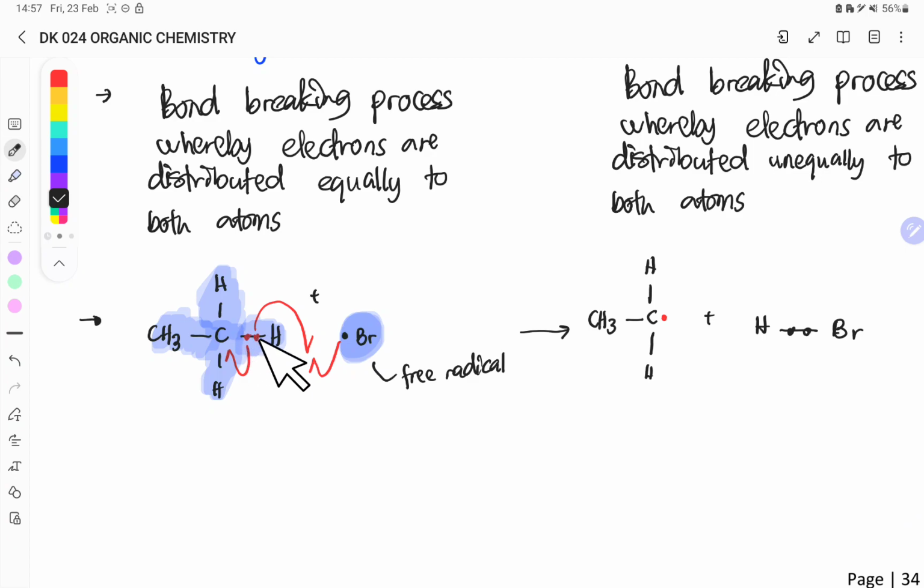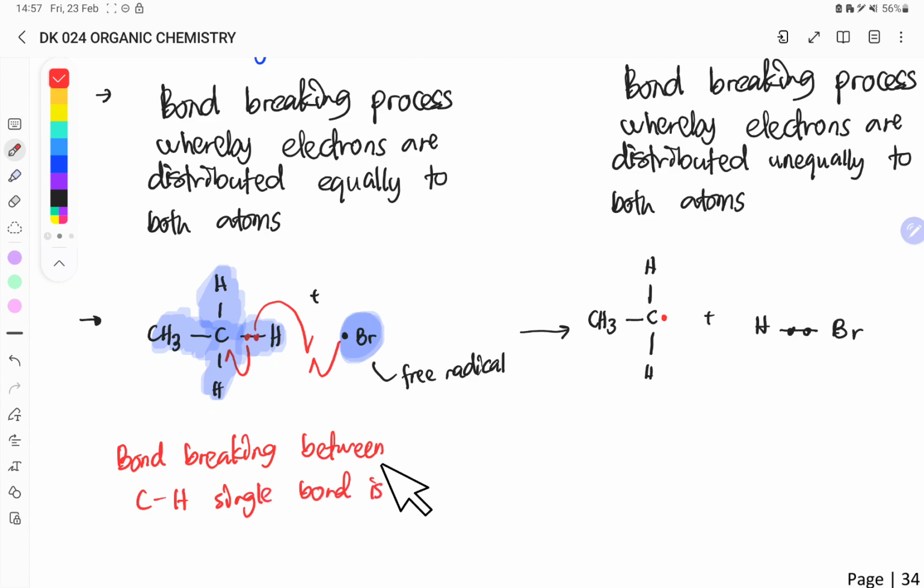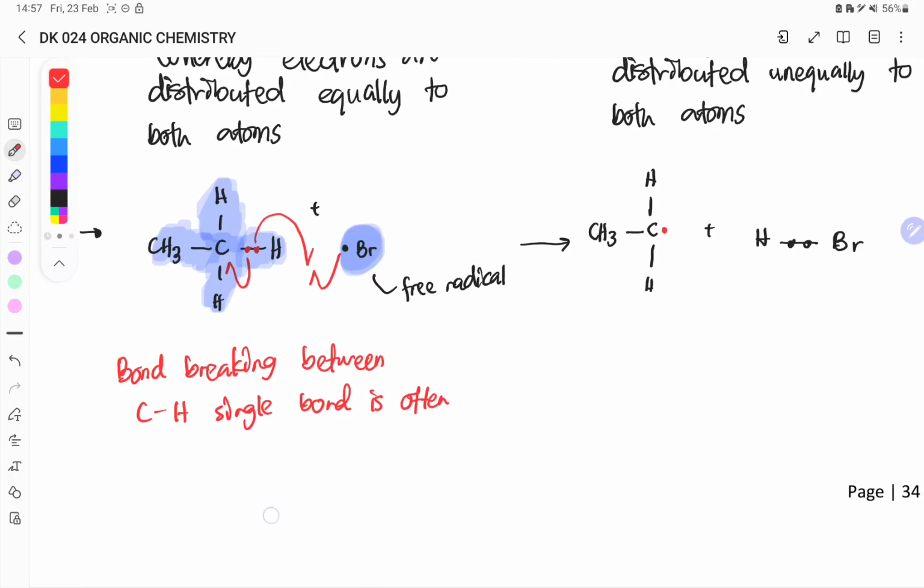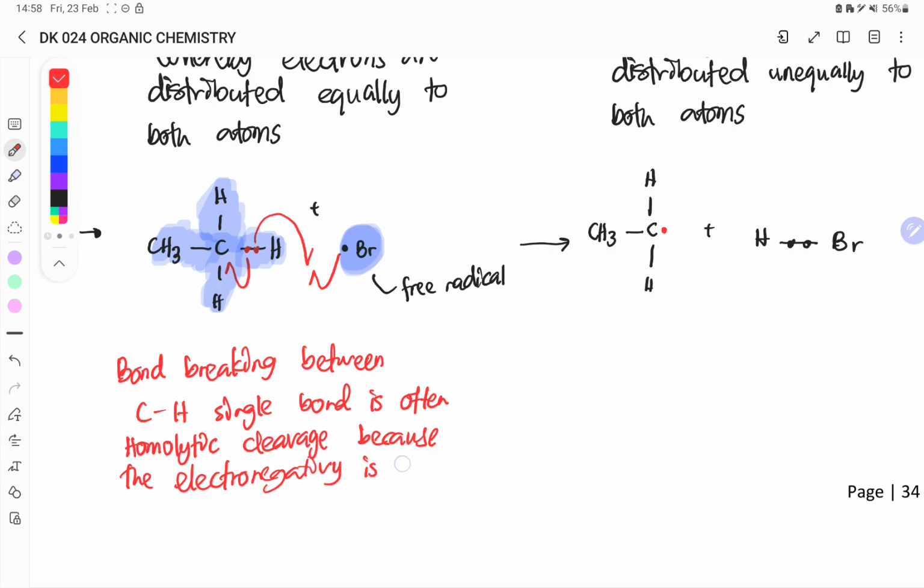The reason dekat sini kenapa kita putuskan CH bond ni melalui homolytic cleavage, because bond breaking between CH single bond is often homolytic cleavage because the electronegativity is similar.